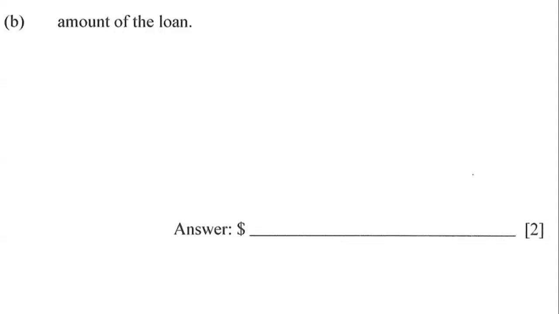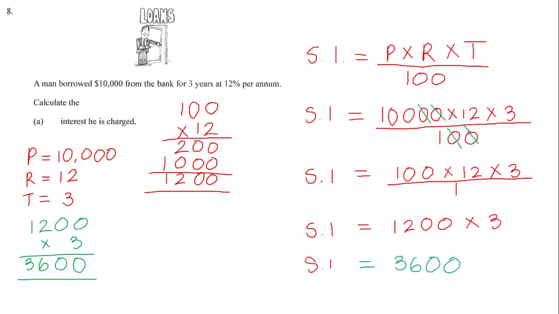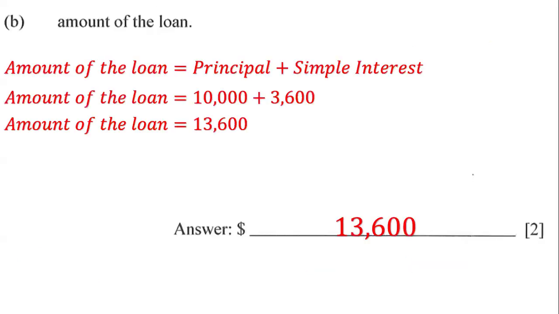Principal plus interest. That's what I have to do. What numbers do I have to add? 10,000 plus 3,600. Very good. So I have to add the principal, and we know the principal is 10,000.